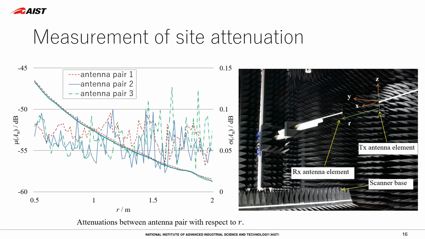The standard deviation for each antenna pair is almost the same and is smaller than 0.1 dB, except for some cases, throughout the scan range. By substituting these results into the equation obtained in the last slide, we can calculate antenna factors.